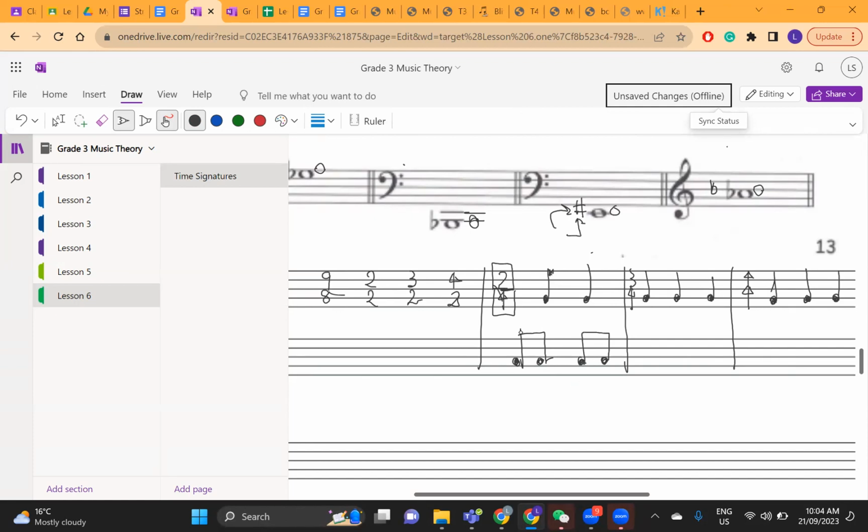You cannot have a beam that's crossing. And in 3/4, for example, you have to keep them apart. That is the right way to do it.